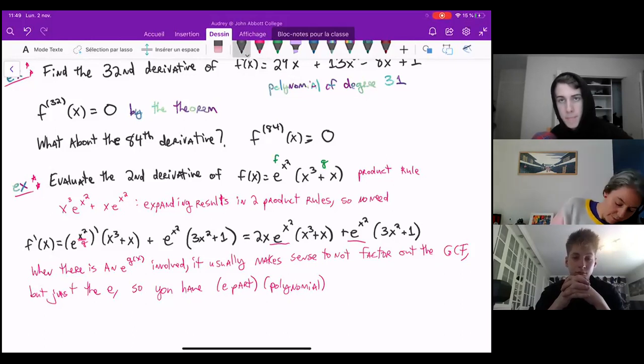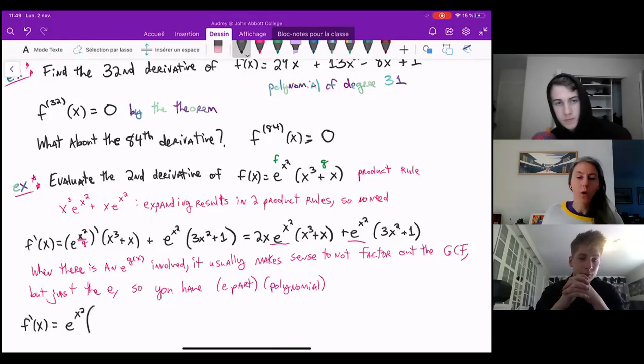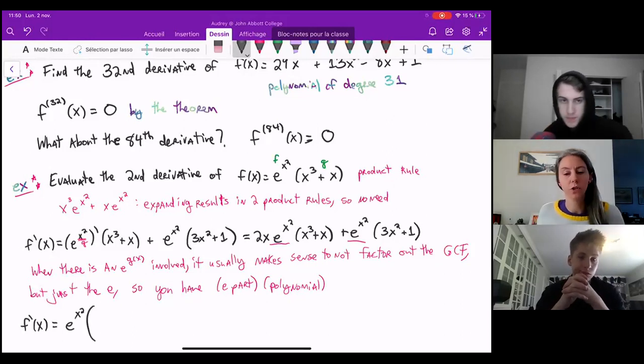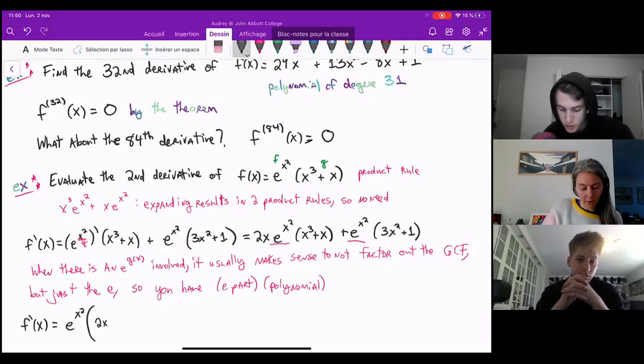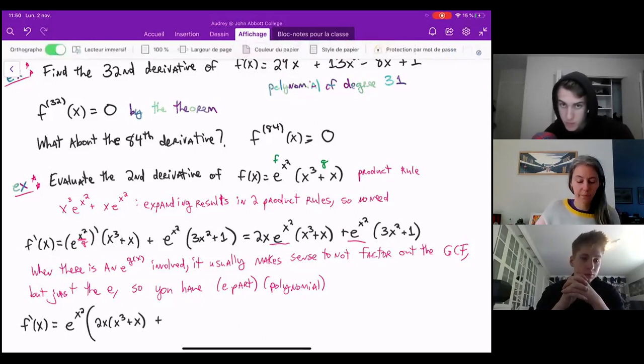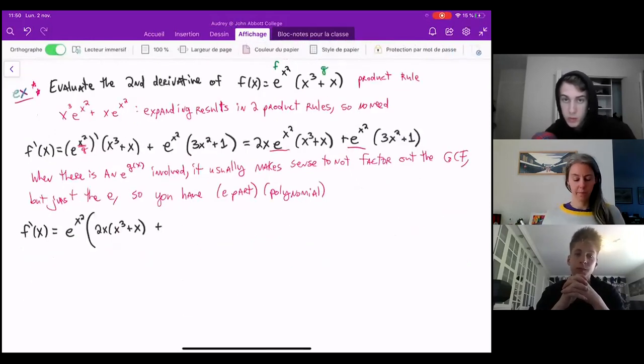So my f prime of x then will be, when I factor out e to the x squared, what's left over in my first term? 2x times x cubed plus x. You got it. And what's left over in my second term? 3x squared plus 1. Good.